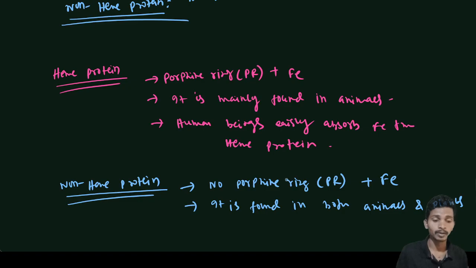We have discussed the porphyrin ring in detail in the previous class. So the porphyrin ring is not present in the case of non-heme proteins, and it is found in both animals and plants.